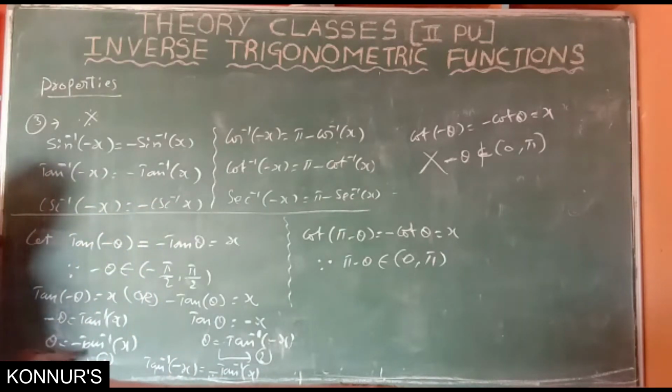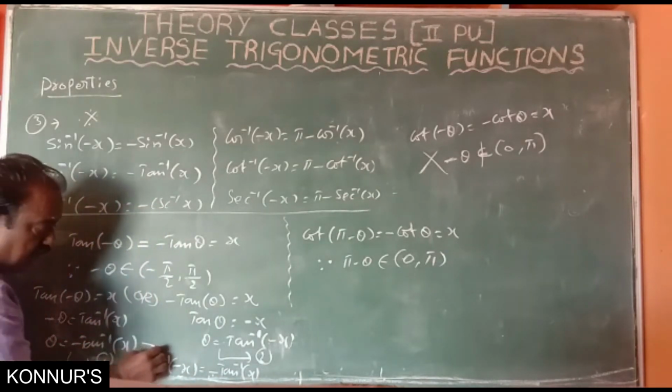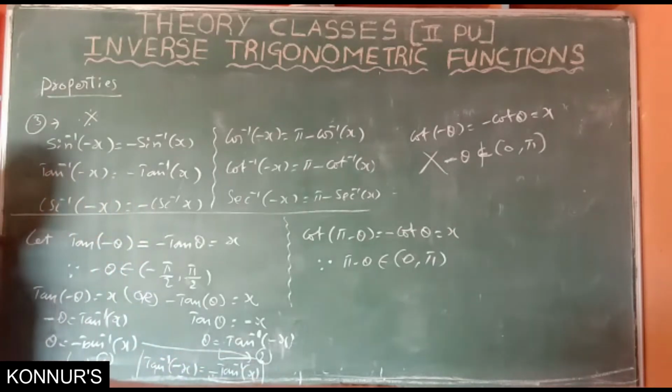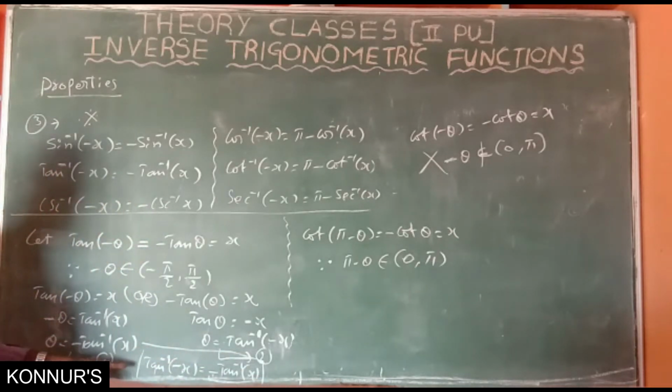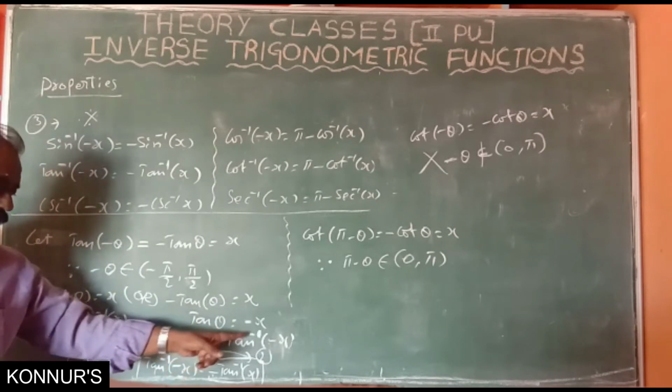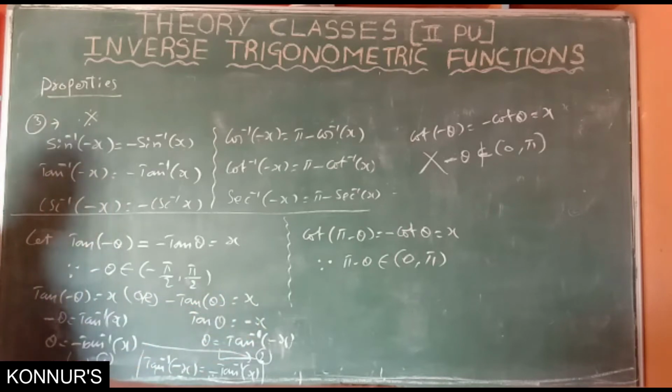By using the equation 1 and 2, is there any doubt? It is just like sine. Okay, now from 1 and 2, tan inverse of minus x is theta. Minus tan inverse x is also theta. By using this 1 and 2, we can conclude. This is okay.